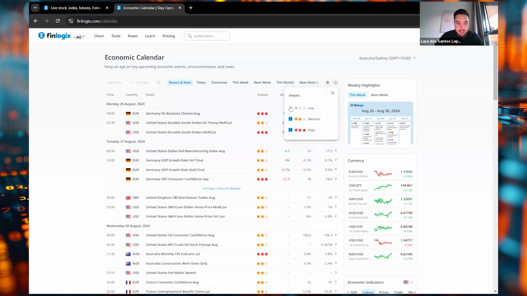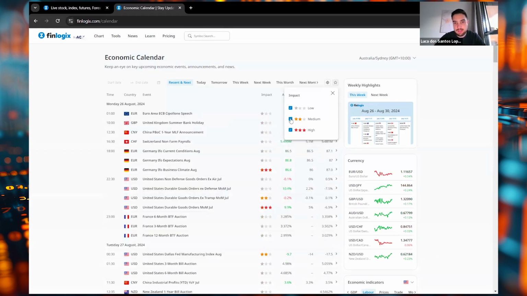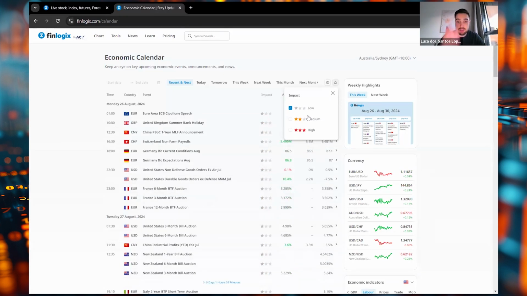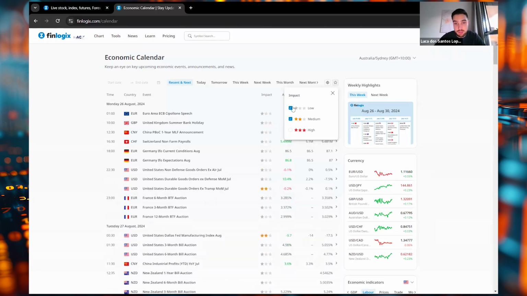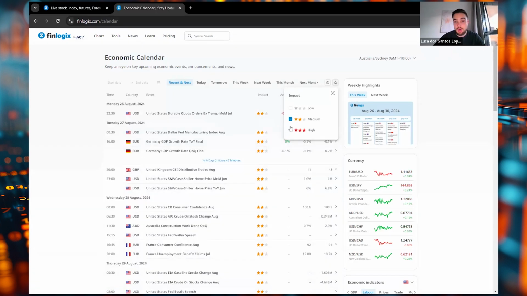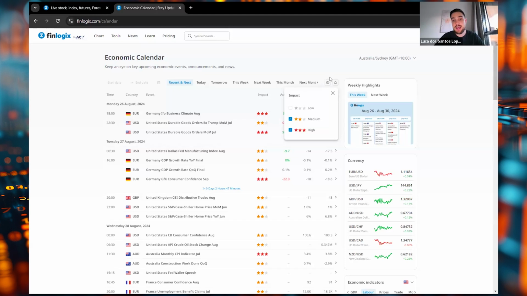I rather prefer to only look at the medium and the high volatility, but it's up to you. If you want to look at the low volatility, go for it. You can take off the medium, or take off the high, just looking at the low, that's all right. Just looking at the medium, leave it there, or just the medium and high as we're doing today, leave it there, click anywhere else, and you're done.